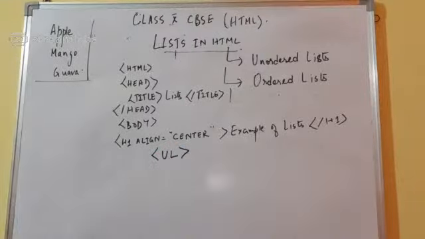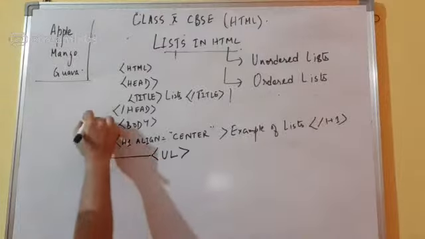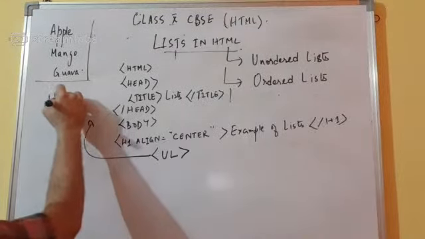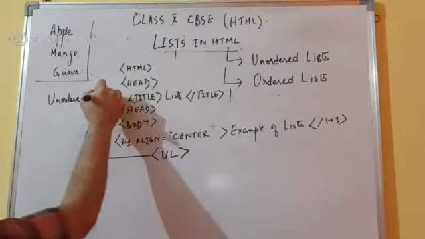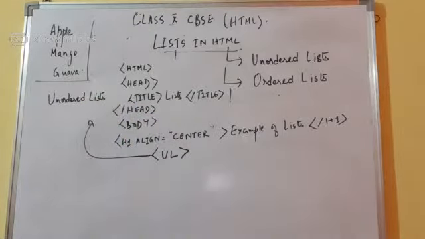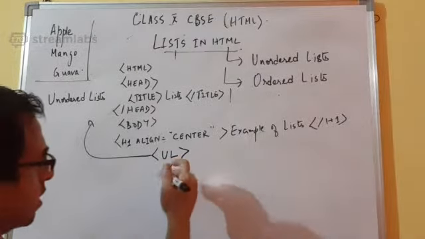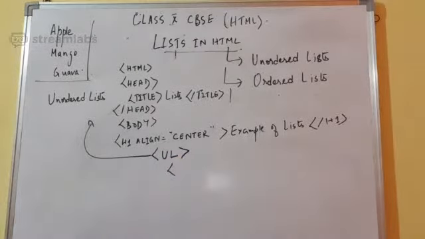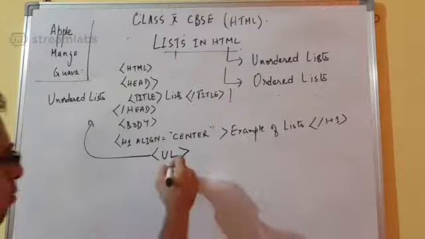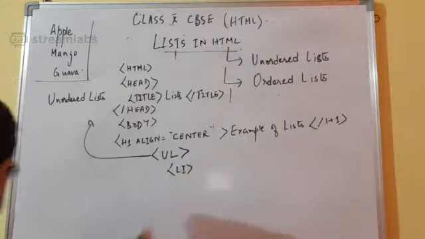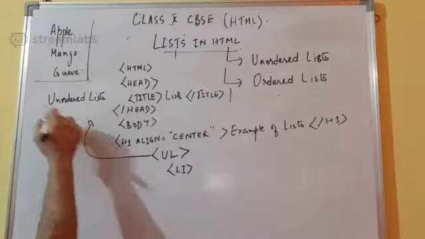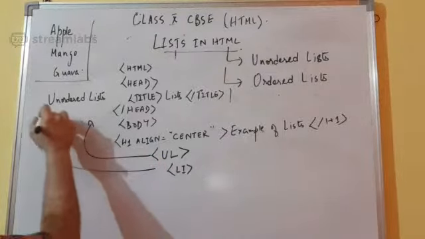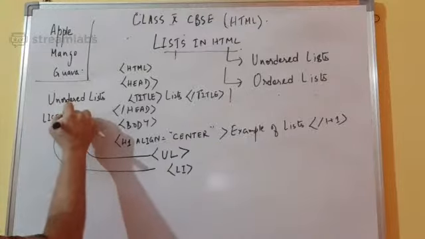UL stands for unordered list. Then inside this I need to use one more tag, that is called LI. Now what does LI stand for? LI stands for list item.